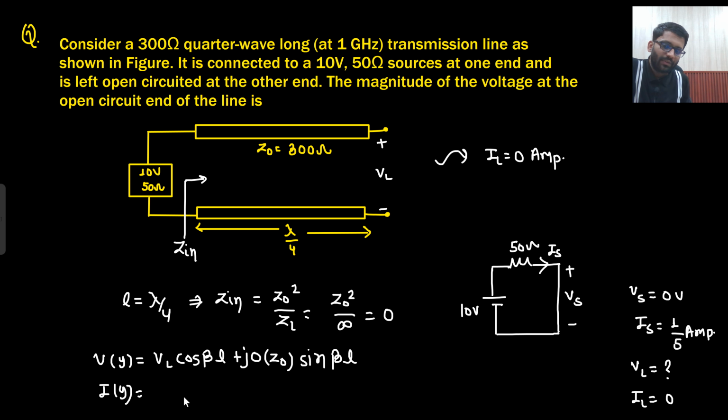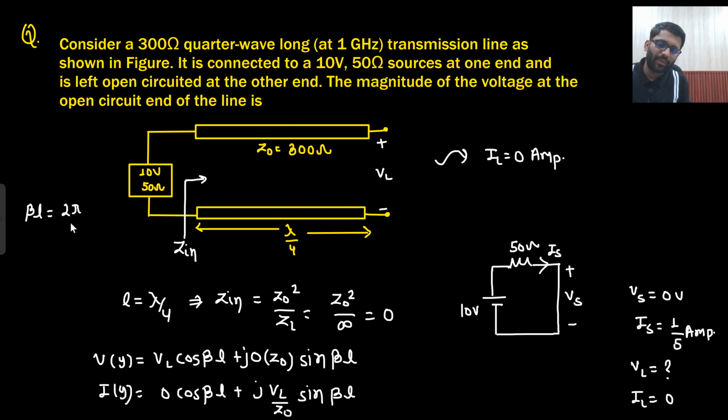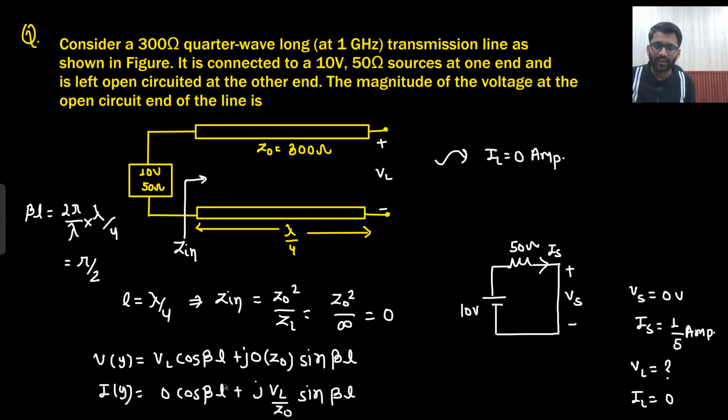Iy is equal to IL, that is 0, cos beta L plus j VL by Z naught sin beta L. And what is the value of beta L here? Beta L is 2 pi by lambda into lambda by 4. Beta L is pi by 2. So now if you write down Vy, we were writing, no? Vy.